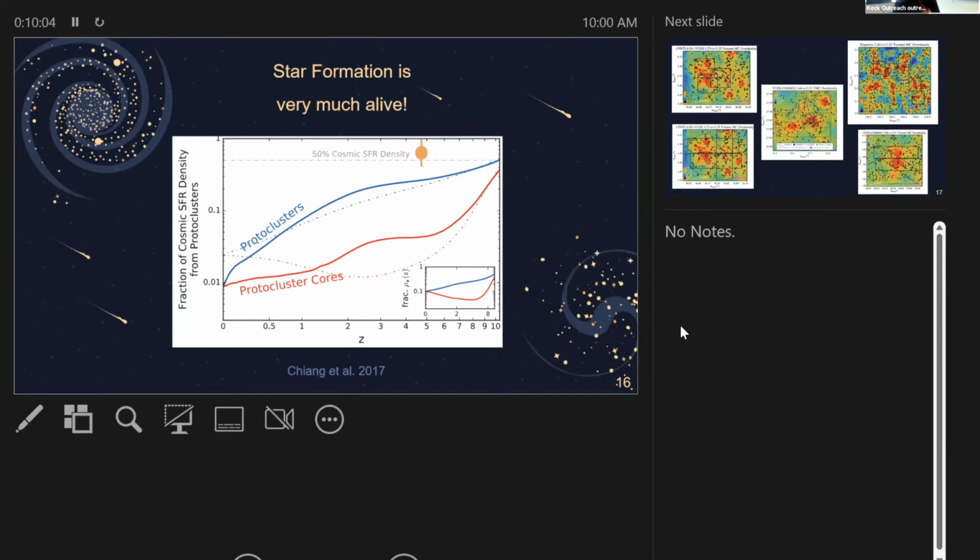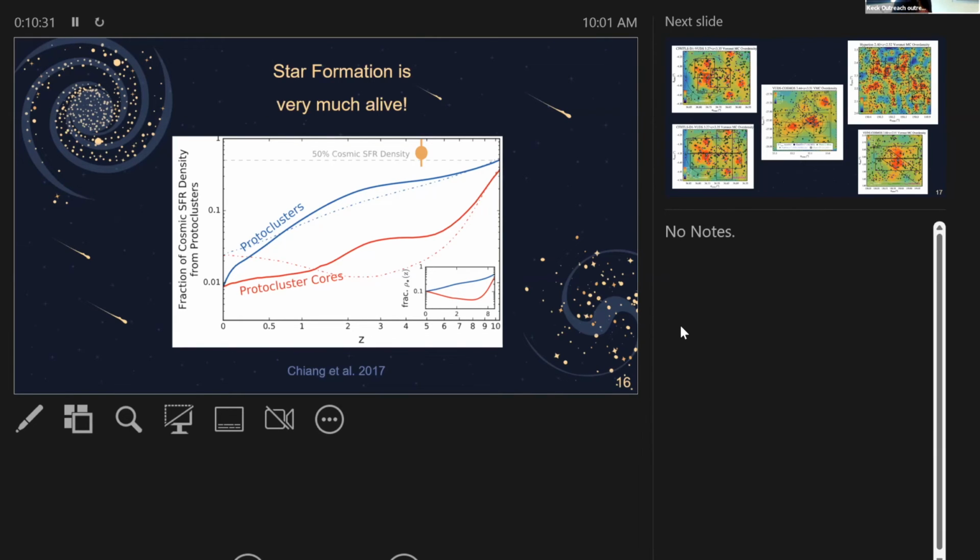At redshift 4.57, assuming that our protocluster is a proxy of all the protoclusters at this redshift, almost 50% of the entire star formation rate density in the universe is coming from overdense environments. Now, this might not be true. There are some caveats to these results. And it's that our protocluster is really massive. It's 3 to 4 times more massive than a typical protocluster at this redshift.